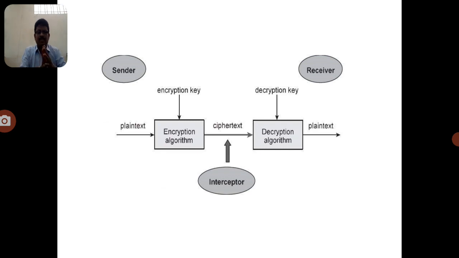He receives only the ciphertext message and applies the decryption algorithm with the same key K. Whatever key the sender uses, the same key is used by the recipient. The decryption algorithm takes the ciphertext as input, applies the same key, and finally recovers the plain text message.